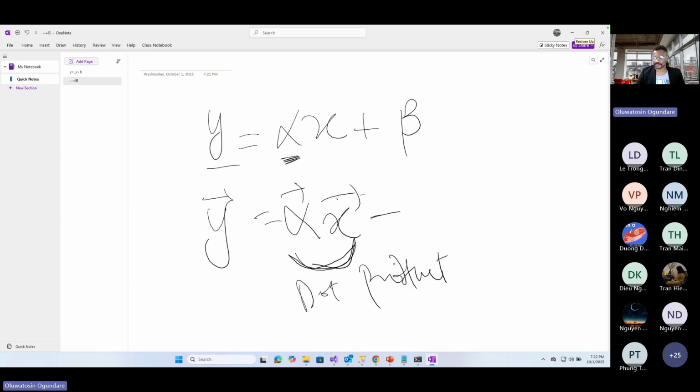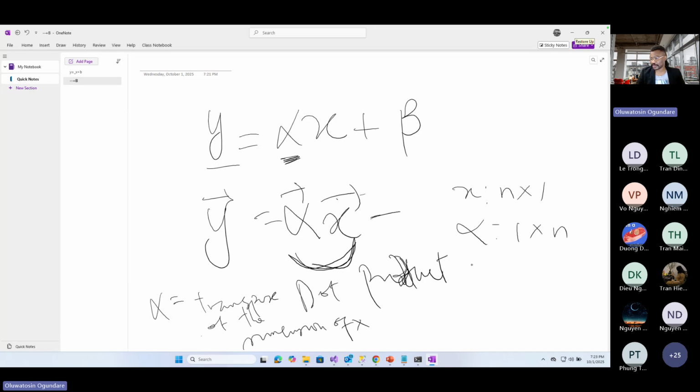And we know that for the dot product, alpha is going to be the transpose of the dimension of X. So if X is n by 1, alpha would be 1 by n.